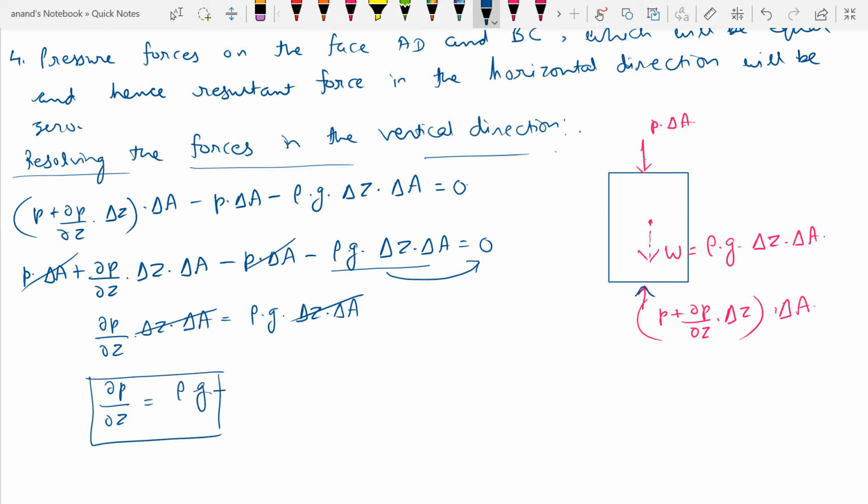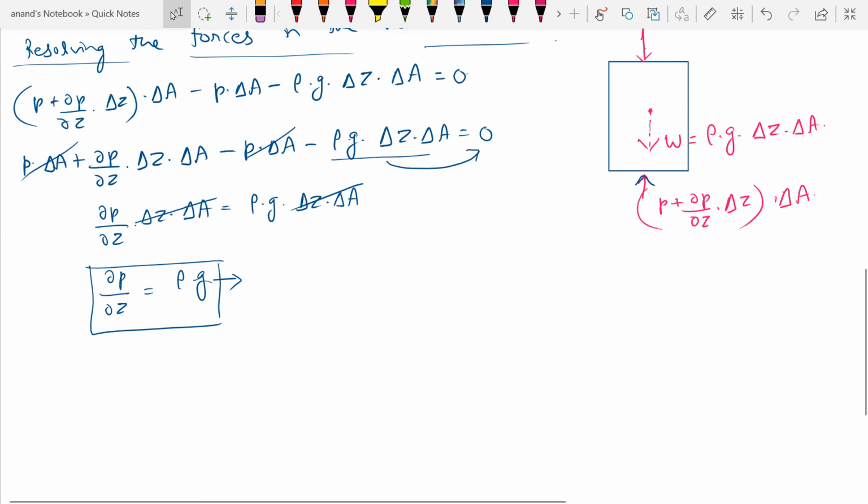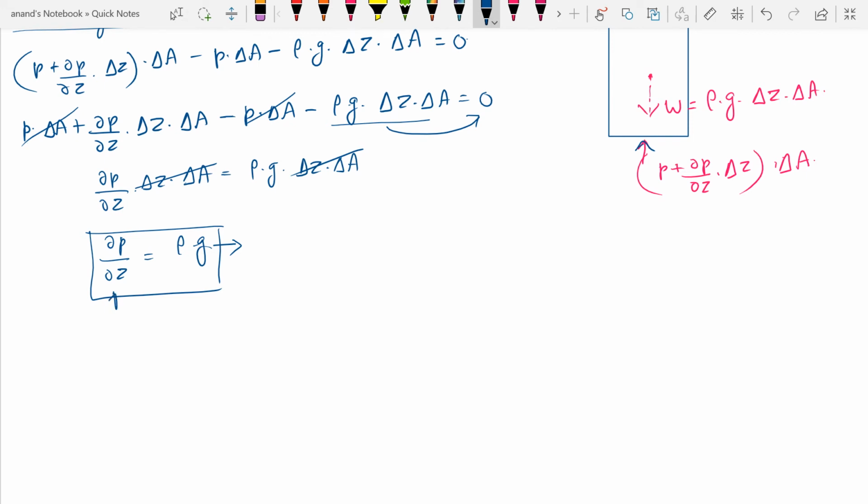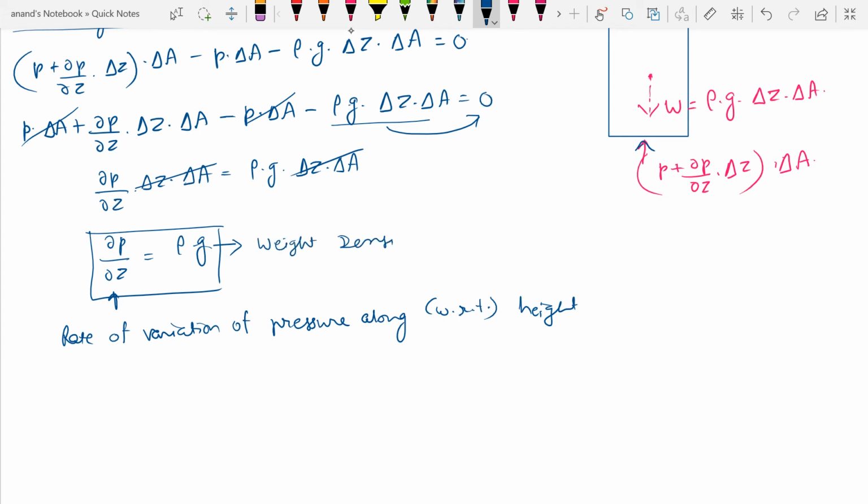This is nothing but the hydrostatic law, according to which the left hand side represents the rate of variation of pressure with respect to height, and the right hand side represents the weight density or specific weight of the fluid element.